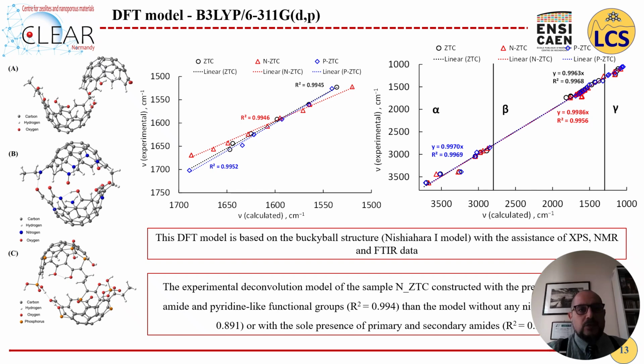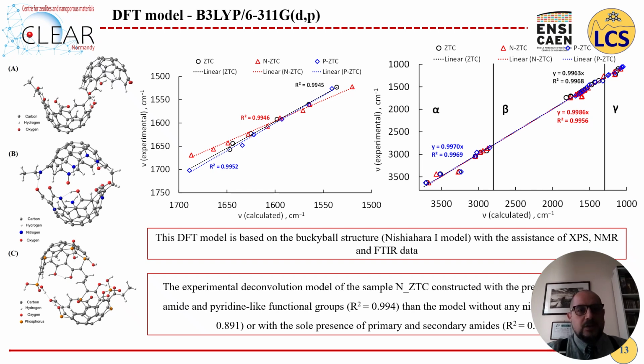Specifically for nitrogen ZTC, the model using all nitrogen-containing groups, including primary and secondary amides as well as pyridine-like structures, shows a much better fit, with an R-squared of 0.995, compared to models that excluded nitrogen, with an R-squared of 0.891, or considered only amides, with an R-squared of 0.948.